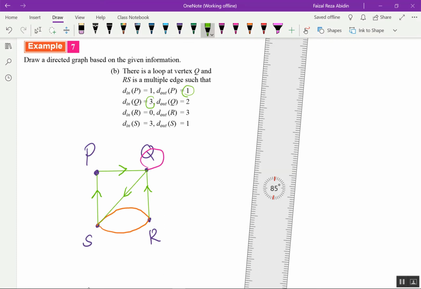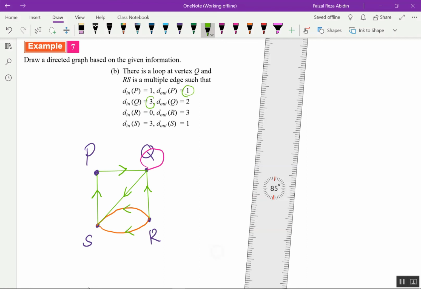Okay, next, in for R is 0. Okay, the degree in for R is 0. Means that all are out only. So just put like this and like this. Okay, in 0, out is 3.